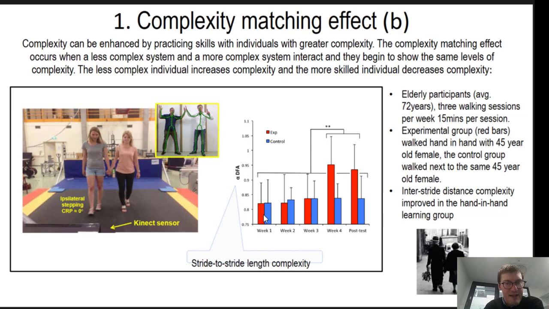Okay, now we can see that this measure of complexity has stayed pretty low. So this indicates that the behavior is fairly predictable. So their step length is really similar from one step to the next. They're keeping a fairly rigid step length. Okay.